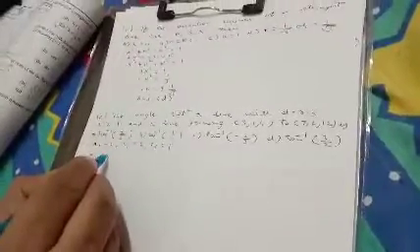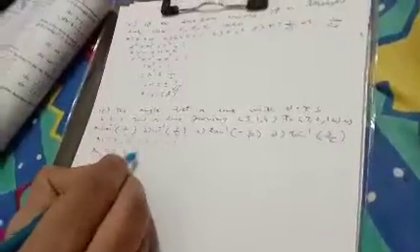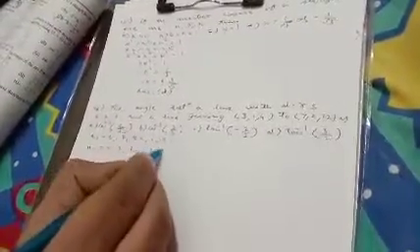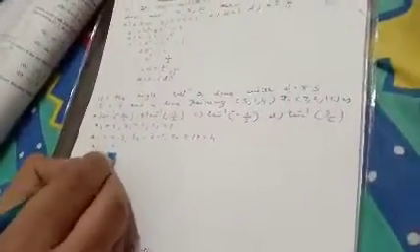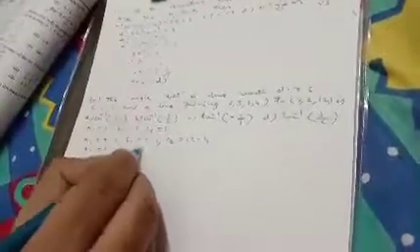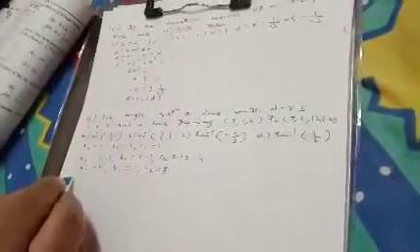Difference between corresponding coordinates: 7 minus 3, 2 minus 1, 12 minus 4. So A2 is 4, B2 is 1, C2 is 8. We have to find the angle between them.